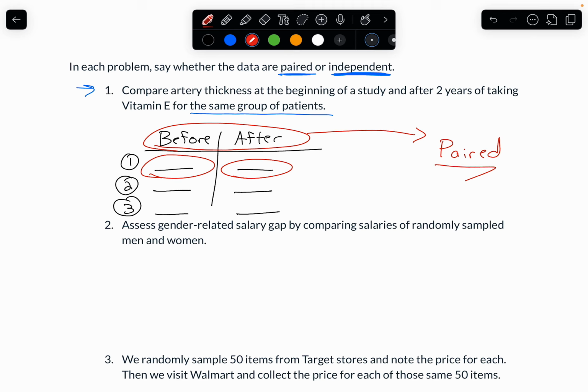So in this case, we're dealing with paired data, which is what we're going to be looking at primarily in 7.2. We'll talk about independent data in 7.3.